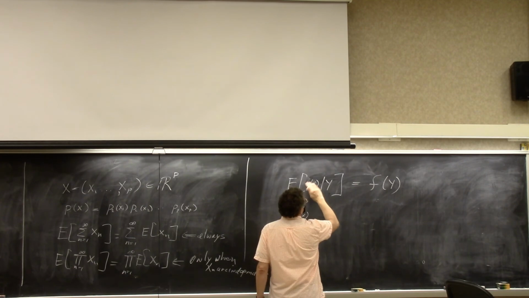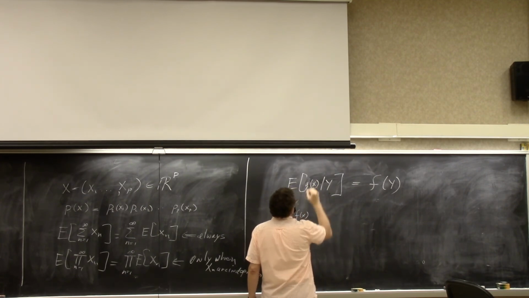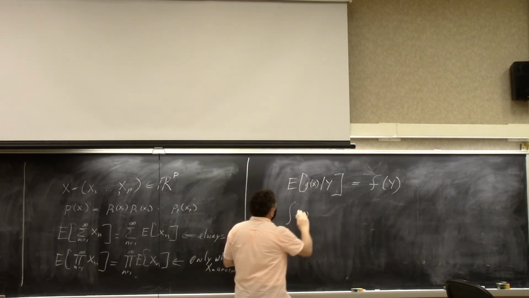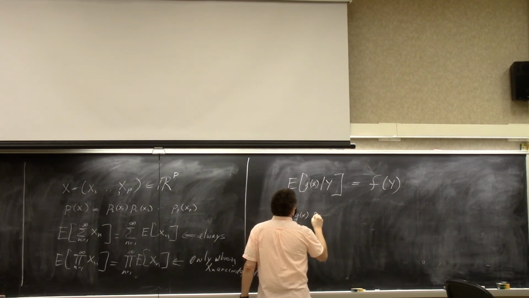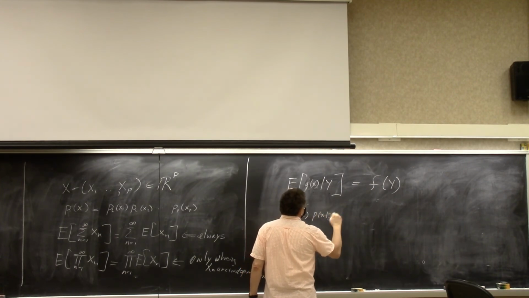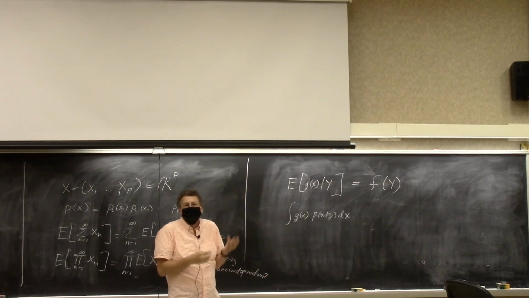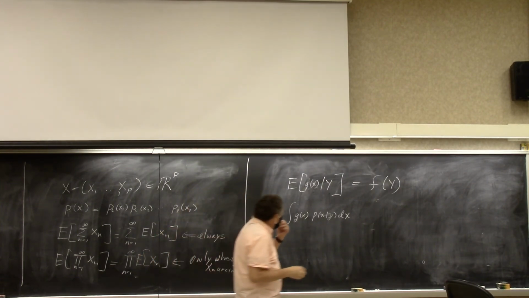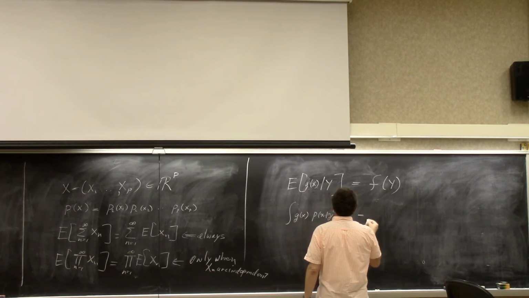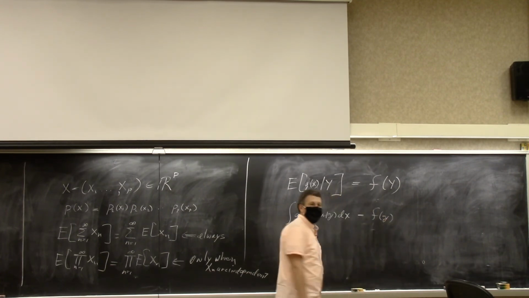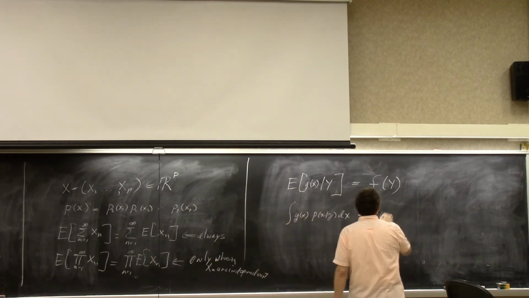Oh, I shouldn't have used that F, I'll use g, because I use f there. So you have this times the conditional probability. Of course, it begs the question, what's the conditional probability density, if you didn't tell me what the conditional expectation is. Okay, and then this gives you some function, f of y, okay? Then this is the same as that.